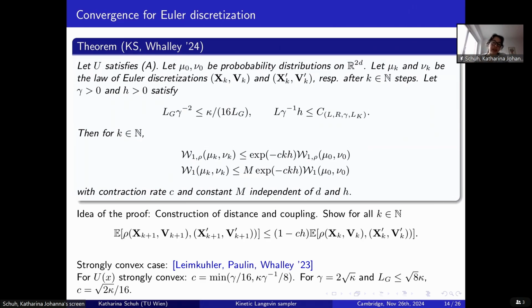One can show that if U is actually strongly convex, then in our case our constant C would be of this form here, provided we choose gamma of this form, and if the perturbation part of the potential is sufficiently small, which is needed to verify that this condition here is satisfied, then we can get a contraction rate of order square root of kappa.